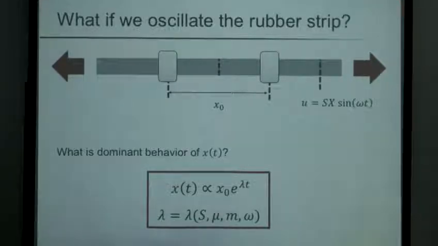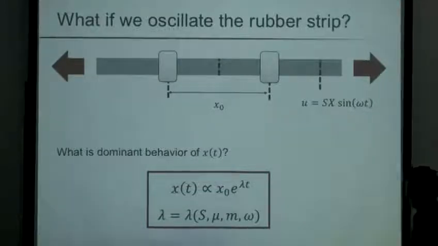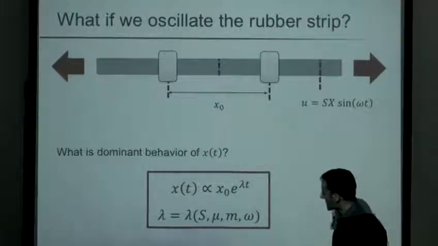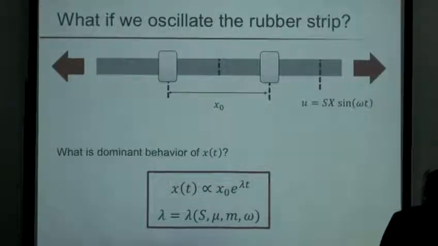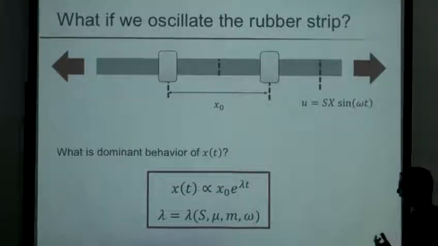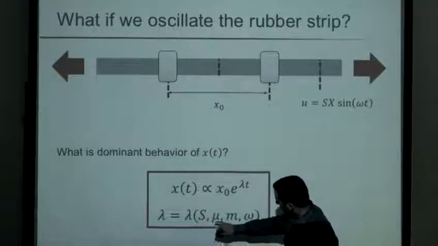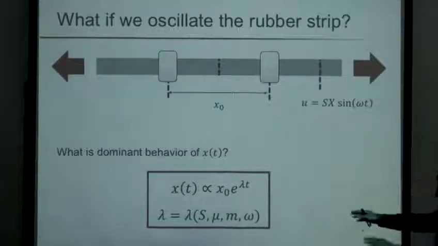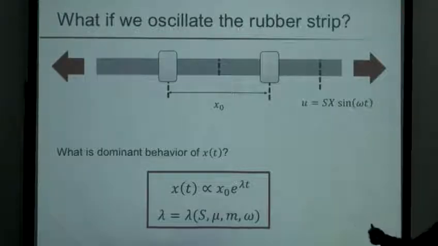But you could attempt to come up with an approximate solution. And the interesting thing about that solution is that, again, the behavior is going to be exponential. So this time, that exponent depends not only on the strain rate, the friction coefficient, and the mass of the rings, but also on the frequency at which you're oscillating this thing, right?